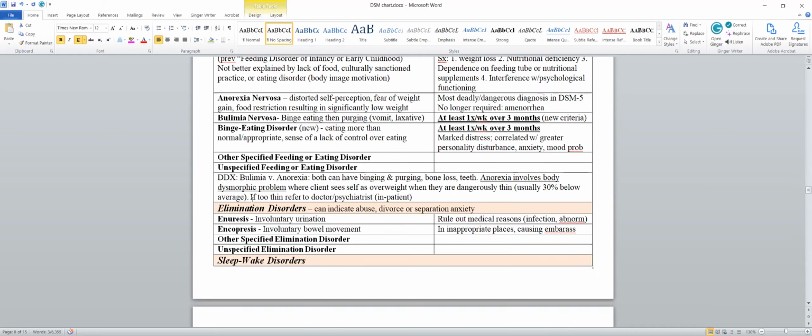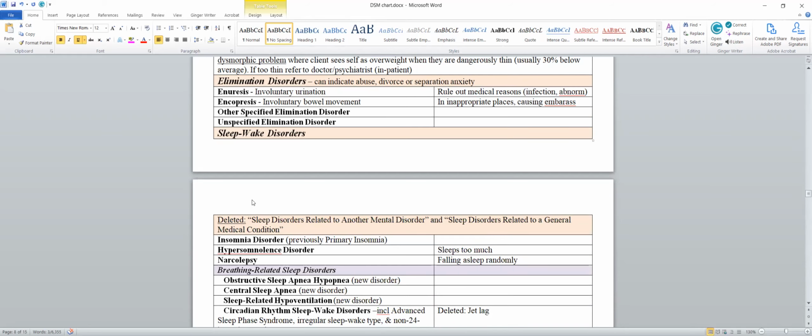Next main category is elimination disorders, can indicate abuse or caused by stress like divorce or separation anxiety.